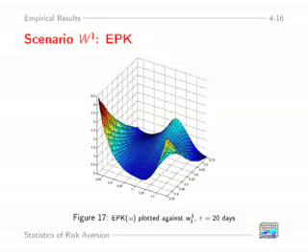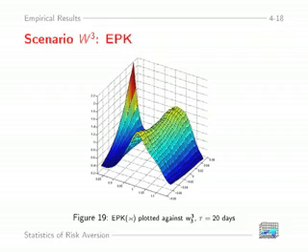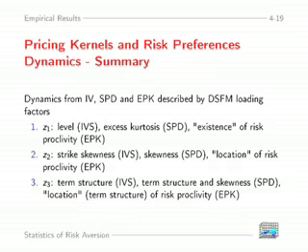For very small values of the first loading factor, there is practically no risk proclivity. As we increase the first loading factor, we see risk proclivity at the end. We can do a similar exercise with the skewness and the third loading factor, and the skewness and the second loading factor.